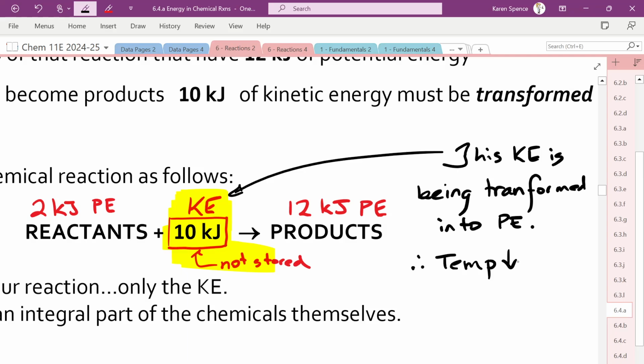Is energy going into this reaction, or is energy coming out? Which side is the kinetic energy on? It's on the reactant side. So it is going in to the reactant arrow. And when energy goes into the reactant arrow, that is endothermic. Okay?